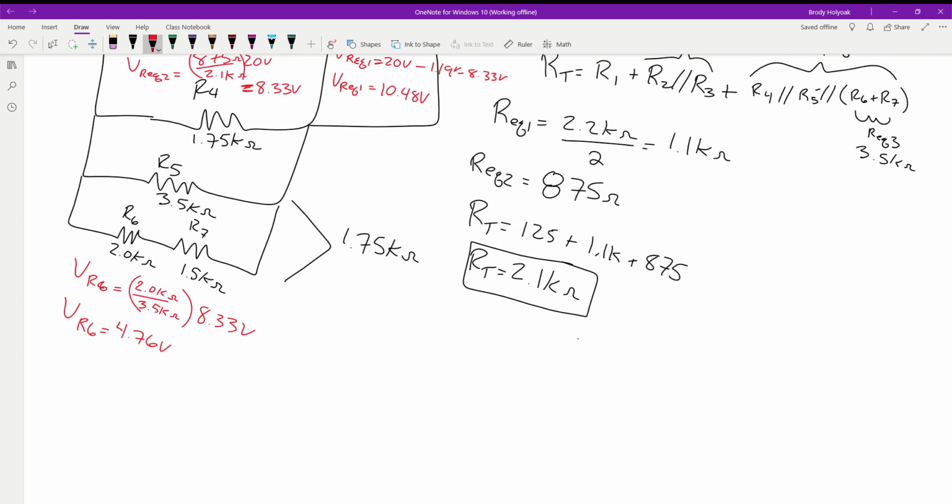Good? Okay. So VR7 is going to be equal to that 8.33 minus the 4.76. It's going to give us 3.6-ish.